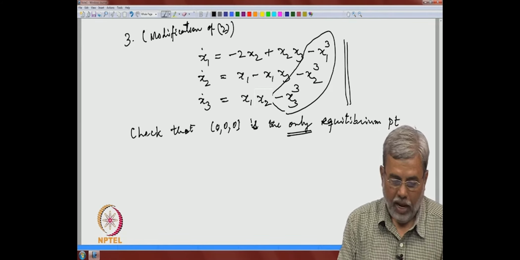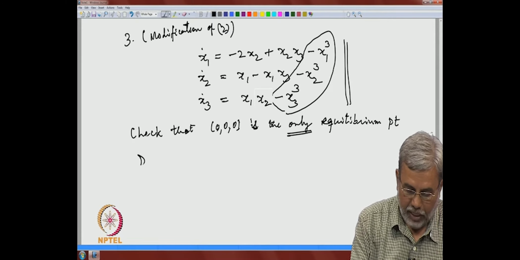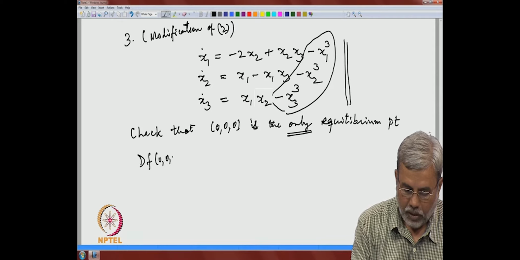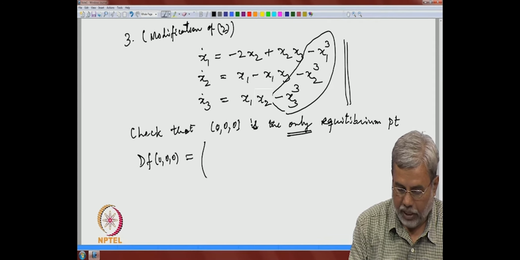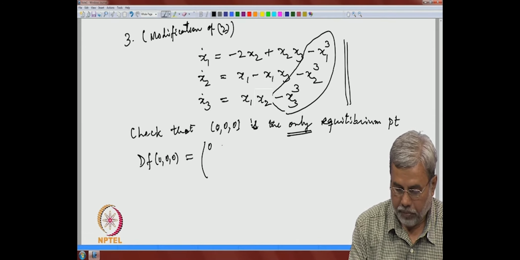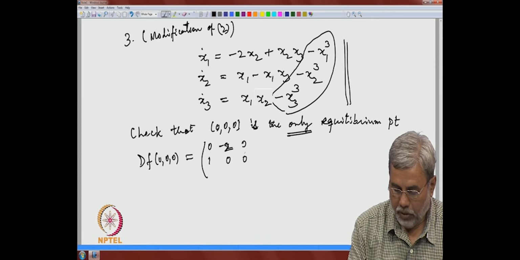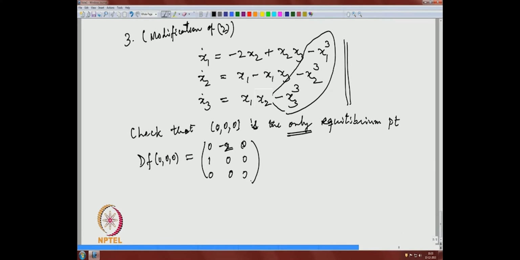Okay. And again the Jacobian is the same. So, there is no change in the Jacobian. One zero zero, 0 0 0. Okay. So, again it is a degenerate system. Okay. There is absolutely no change.